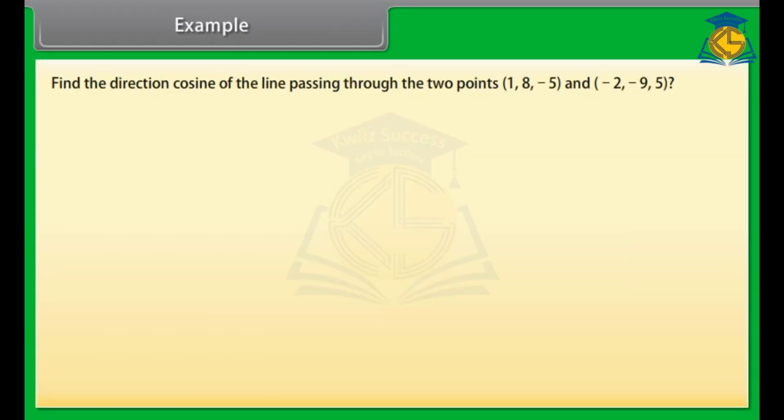Example. Find the direction cosines of the line passing through the 2 points 1, 8, minus 5 and minus 2, minus 9, 5. Solution.